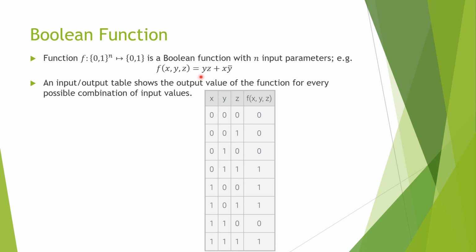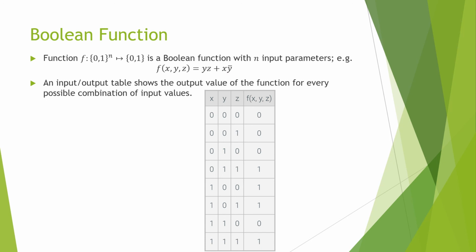The general formula should be a Boolean expression which contains those variables that we have specified as input parameters of that Boolean function. So this is an example: f of x, y, and z is equal to y times z plus x times y bar.